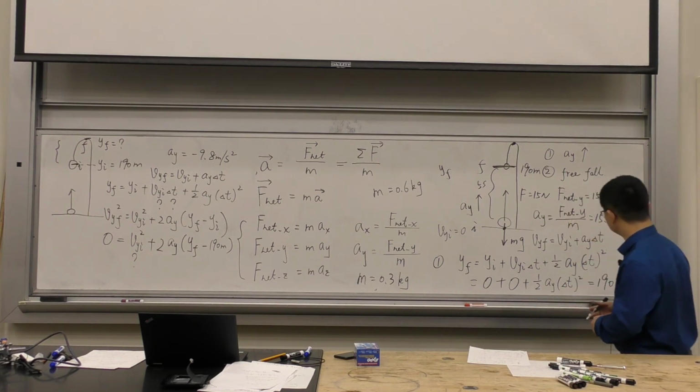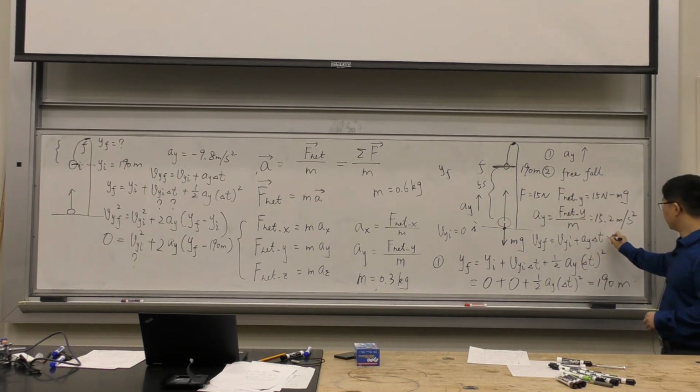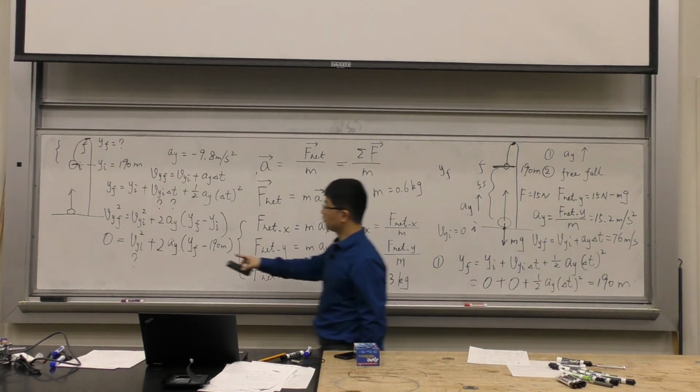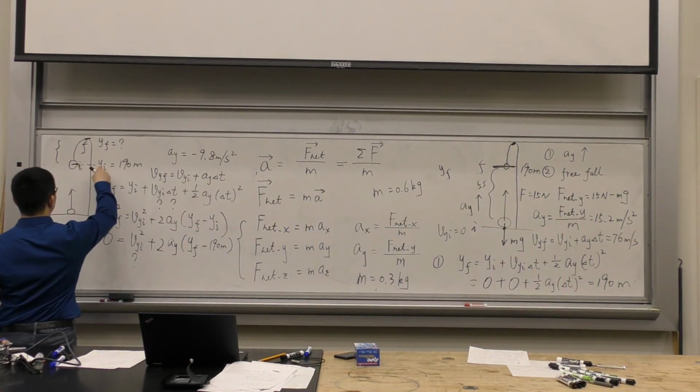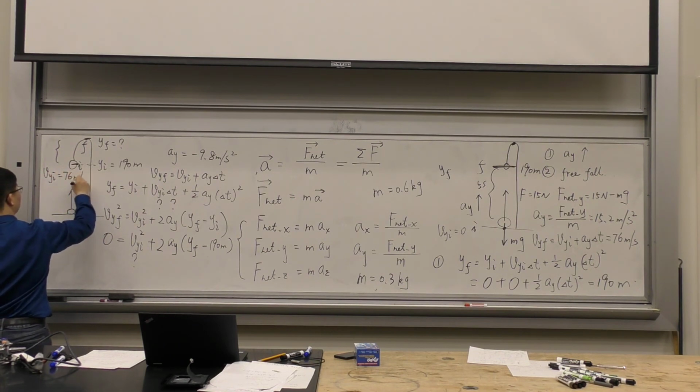So let's see. The first number I got for this is 76 meters per second, because VYI is 0, AY we already calculated, time is 5 seconds, put them in, and you get the VYF. Now that's going to be the VYI for the second process, 76 meters per second.